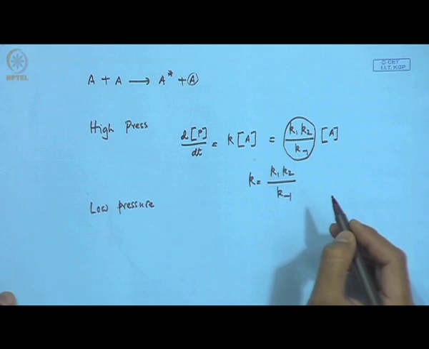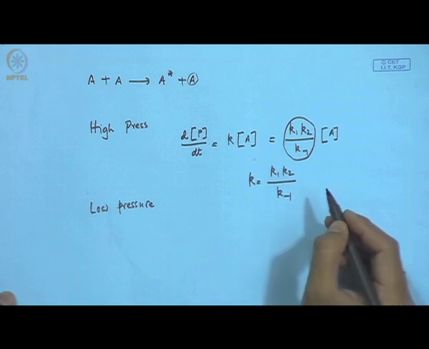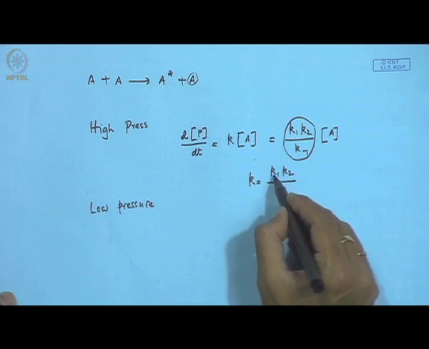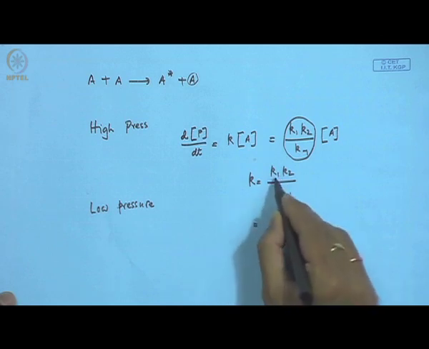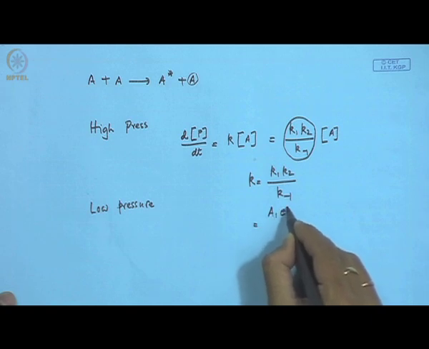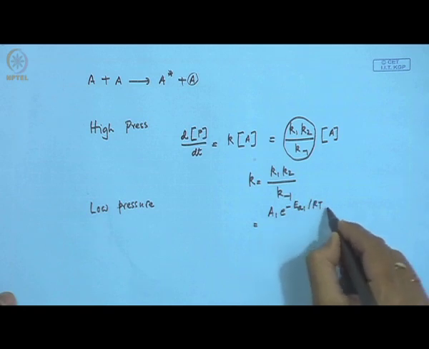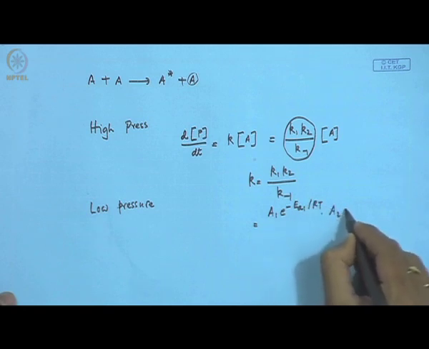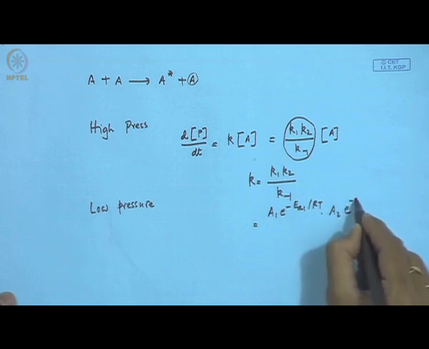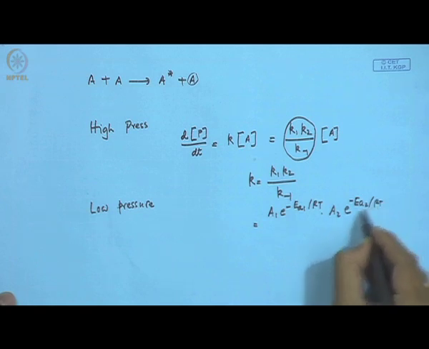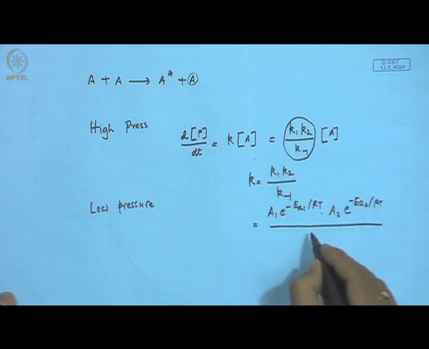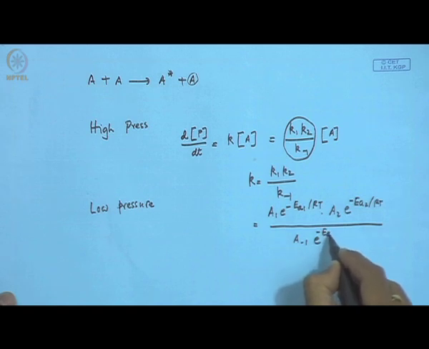If you recall the Arrhenius equation and plug in the corresponding Arrhenius expressions, for K1 you can write A1 e to the power minus E A1 by RT, into A2 e to the power minus E A2 by RT, divided by A minus 1, the pre-exponential term for the back reaction, e to the power minus E A minus 1 by RT.